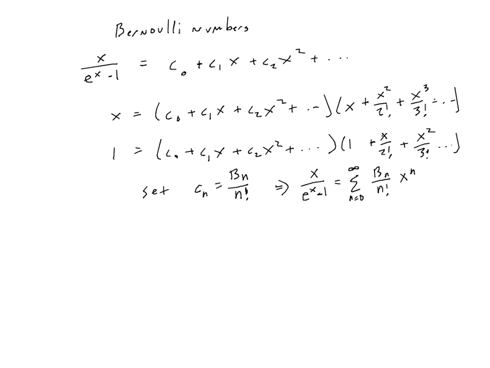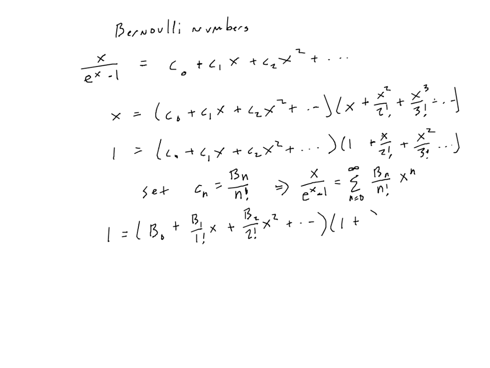So it just takes a little bit different form. And so now, when you put in the Bernoulli numbers, you can have this as 1 equals b0 plus b1 over 1 factorial x plus b2 over 2 factorial x squared, etc.